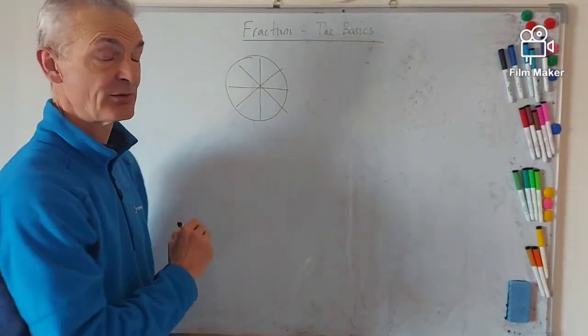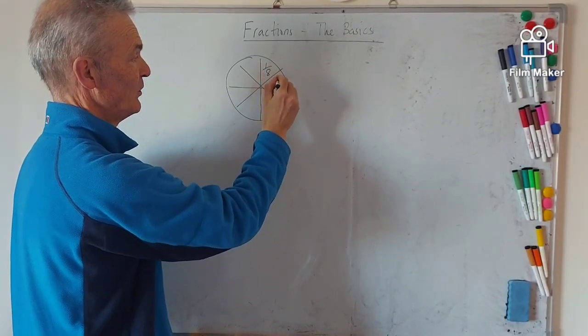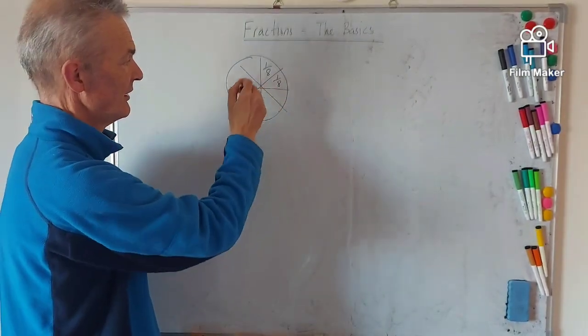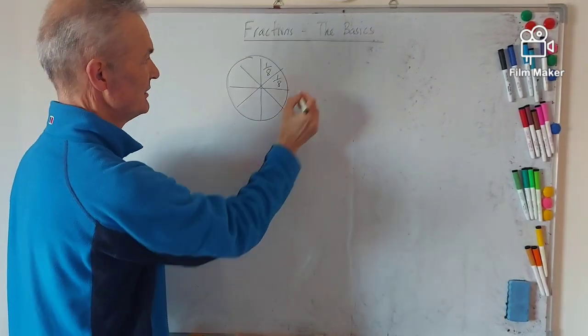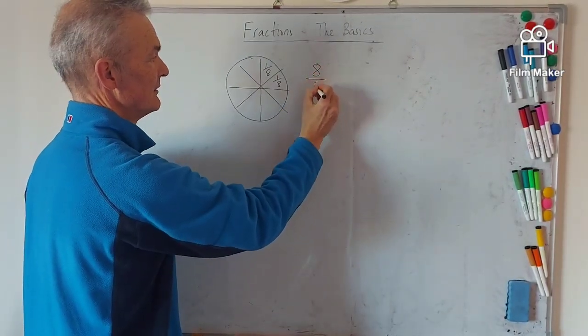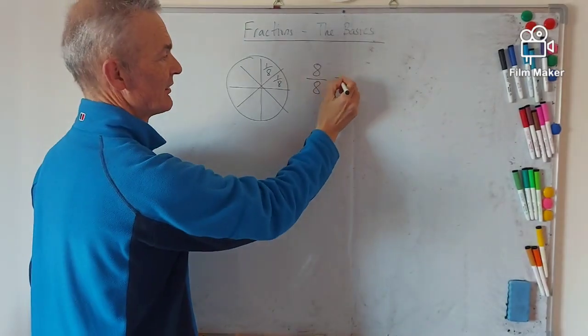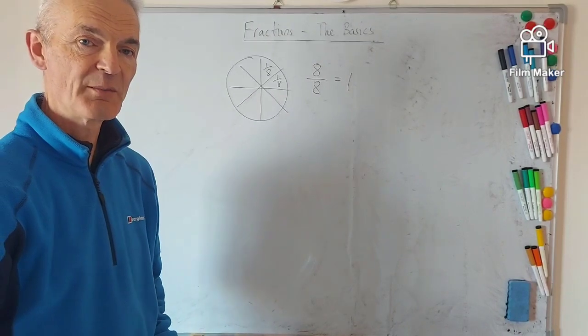They're all the same size, so each piece is 1/8. Okay, and in the pizza there are in total 8 eighths, and that equals 1, and that's the whole of the pizza.